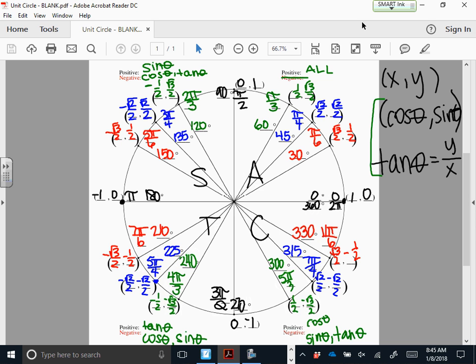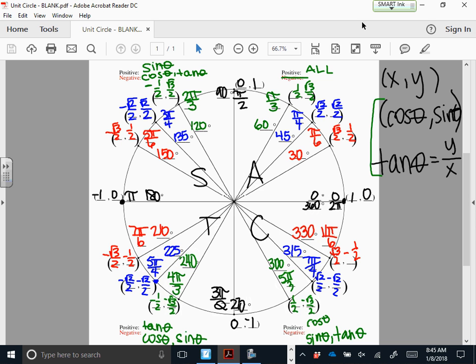At 5 pi over 4, our coordinate is negative radical 2 over 2, comma negative radical 2 over 2. The 45-degree angle ones, or the pi over 4 radian ones, are the nice ones, because x and y have the same answer.